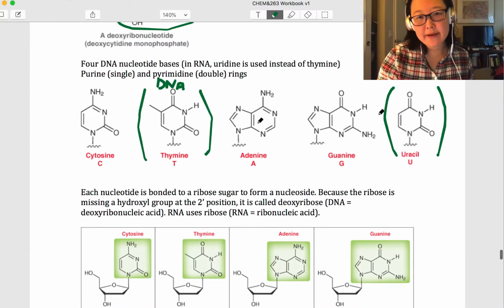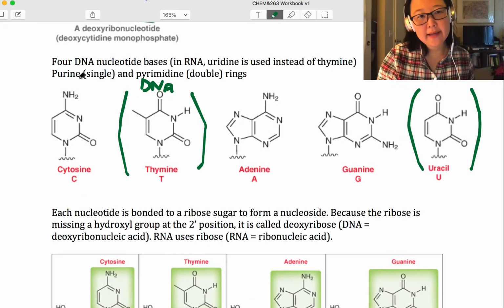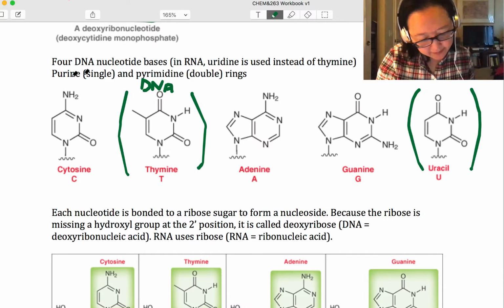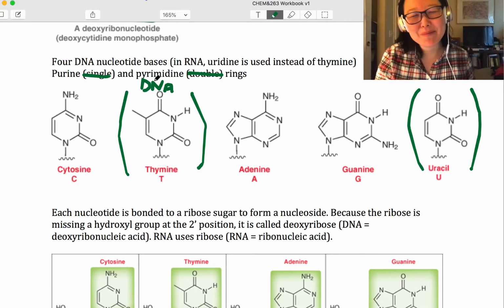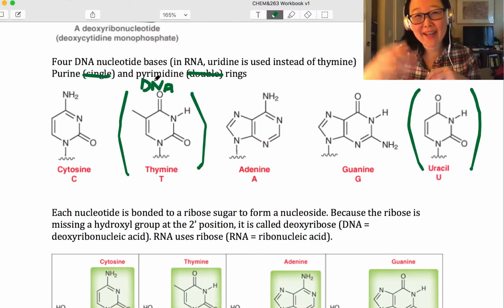Now, one thing about nucleotides is they come in two general shapes. You've got your single ring called a pyrimidine, and then you have double rings called purines. And here, I think I have this backwards. It's something that I've always remembered because one of my biochemistry professors told us that if you are a good person, then you have a halo, right?